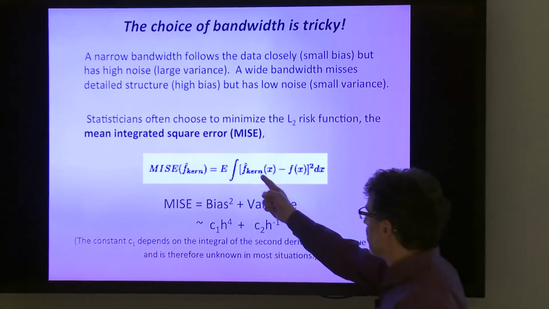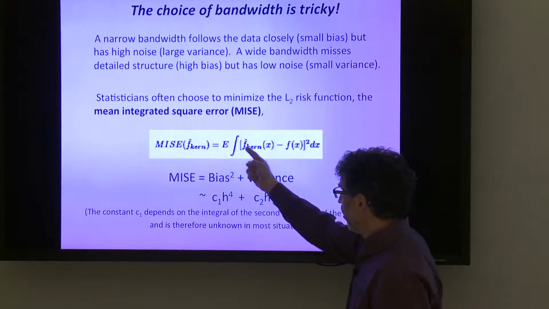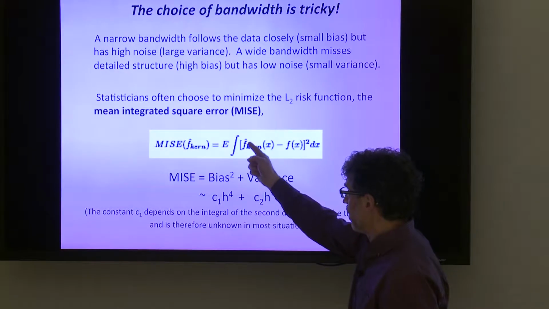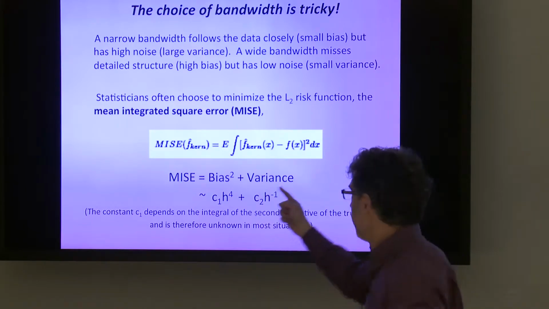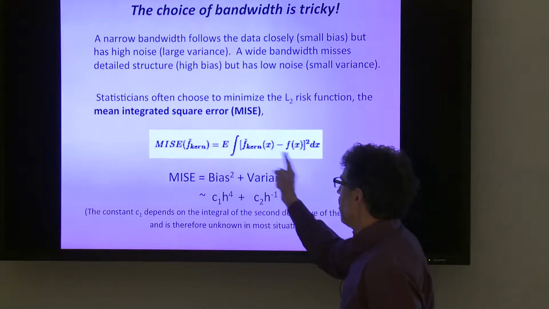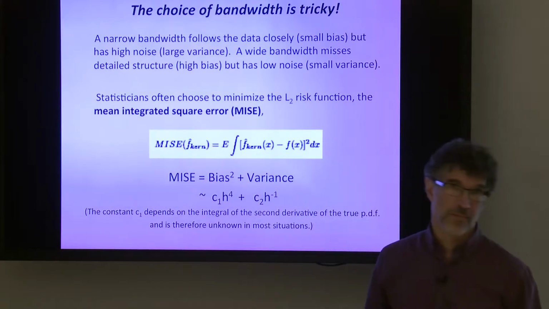And what is it? It's the kernel-smoothed estimator, the hat there being the estimator, minus the unknown true function, squared, and the average of that is minimized.